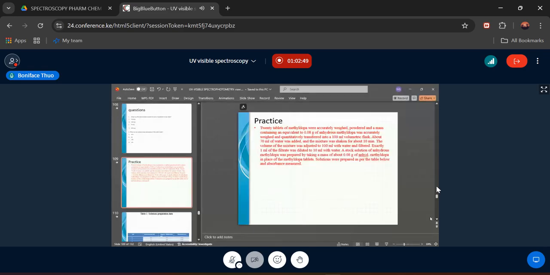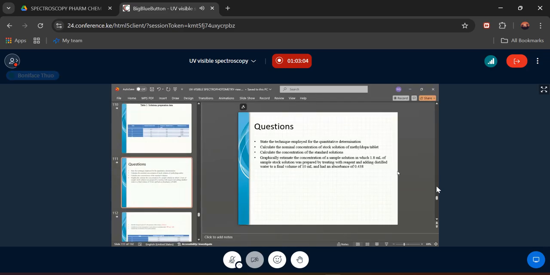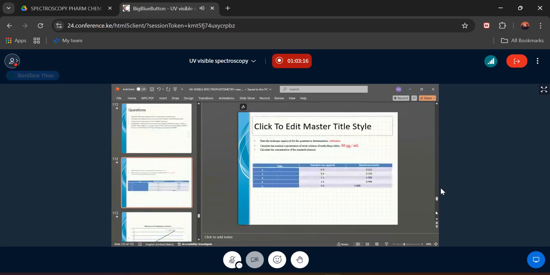Then there could be specific questions asking which type of method it is: is it standard addition, is it a calibration method, or whatever. I'll share these slides so that you can work out these examples and get a better understanding of all that. Any questions?